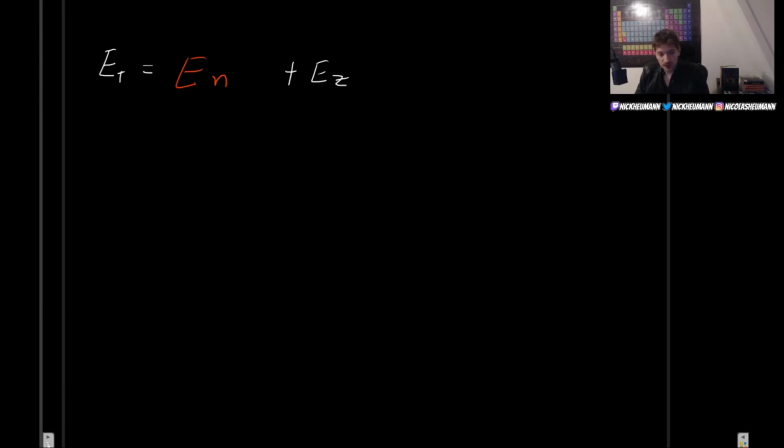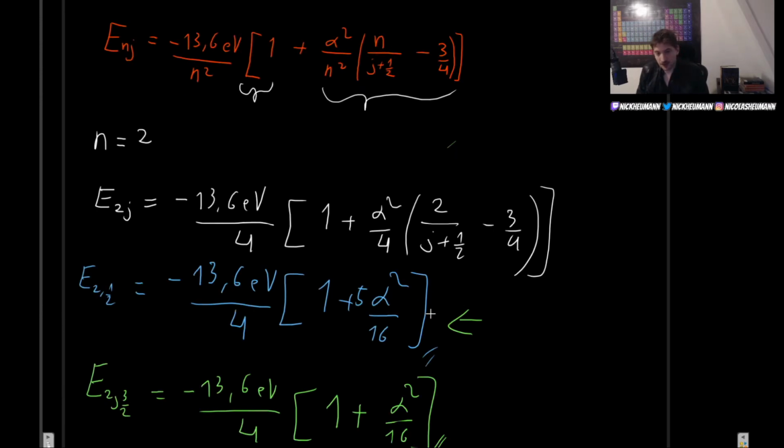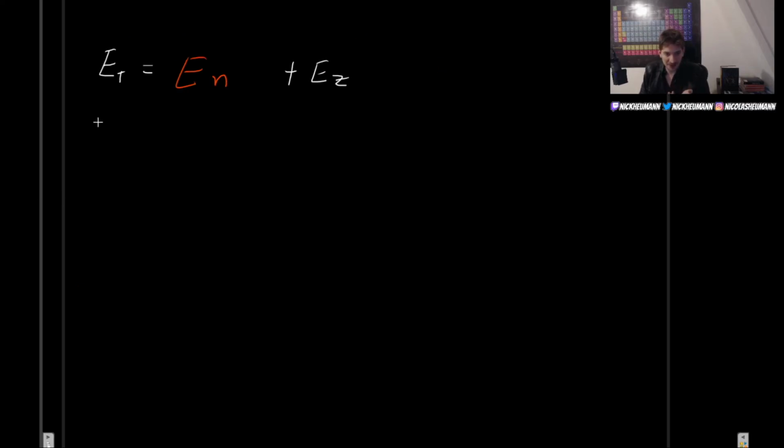So we have to keep in mind that there are only two possibilities for this base energy, and it depends on J. So for all the states which have J equal 1/2, it's going to be this part. And for all the others, it's going to be this. So let's not worry too much.